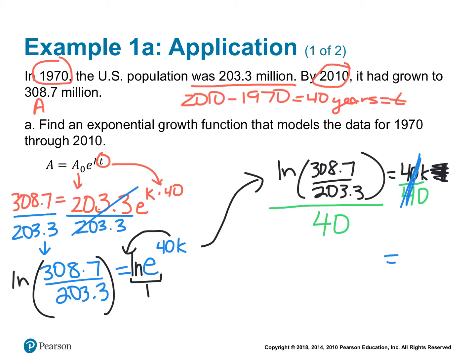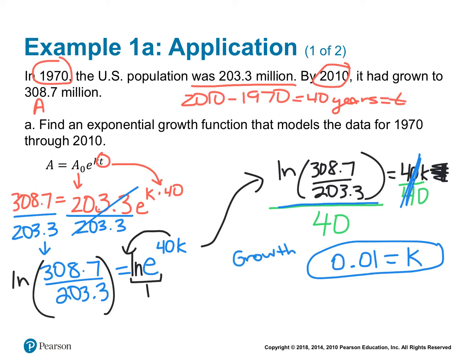So what you're going to do is plug the top into your calculator, then divide it by 40 at the very end. You should get about 0.01 for k. So this is the growth rate. You could also say this is about 1%, if you want to think of it as a percent.